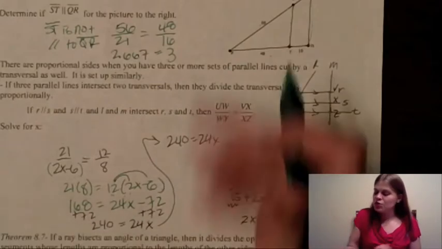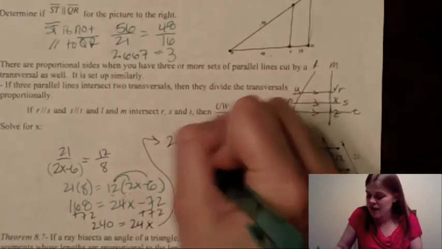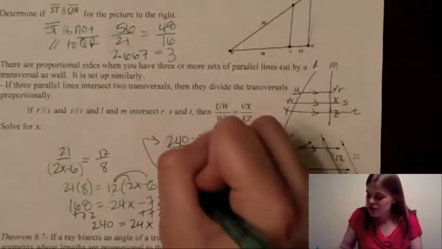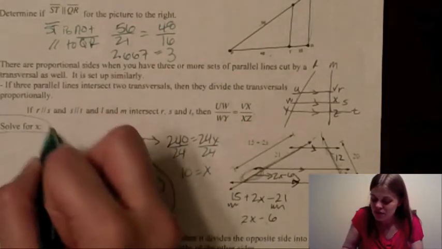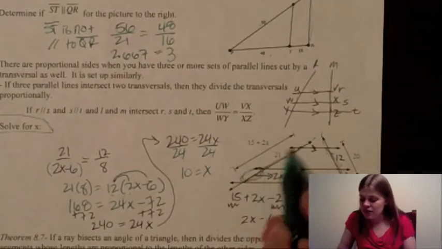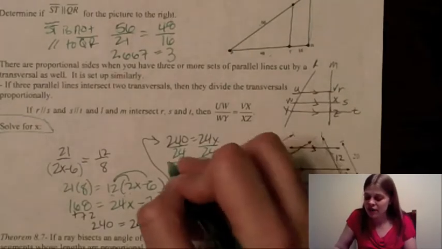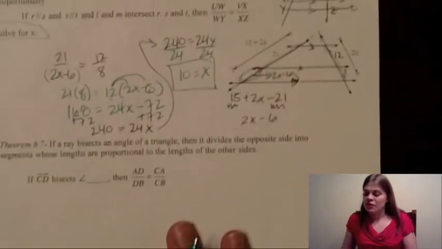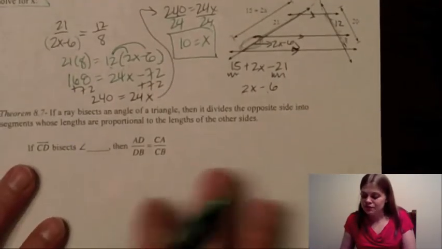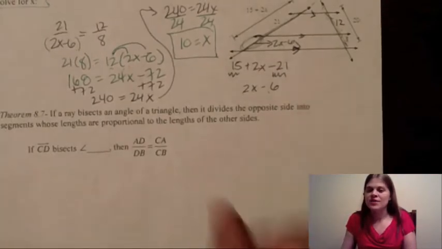So to undo multiplying by 24, I'm going to divide by 24 on both sides. So I get x is 10. Notice it just said solve for x. It didn't tell me to find a certain side length. It just said solve for x. So I'm done. Okay. On our next one, we're going to talk about bisectors, angle bisectors.